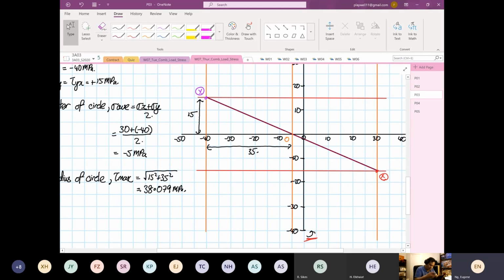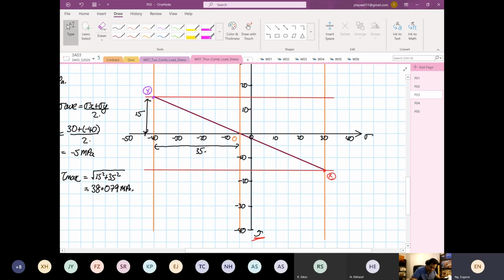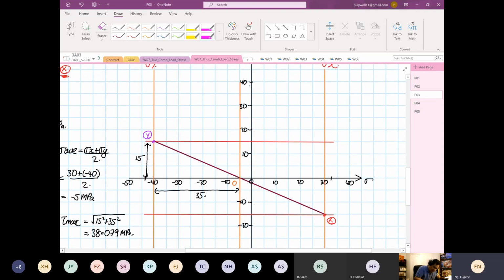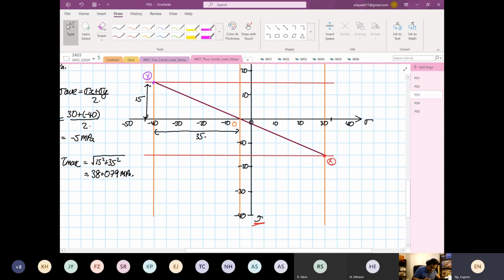Plus 5, so it's 43. So where it's going to intercept, my principal stress is going to be here. One point will be over here, and then the other point will be over here, 33. I'm just eyeballing. And then it's 38, again, this is just eyeballing.